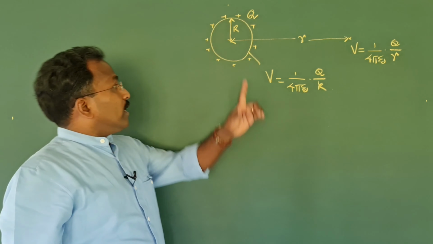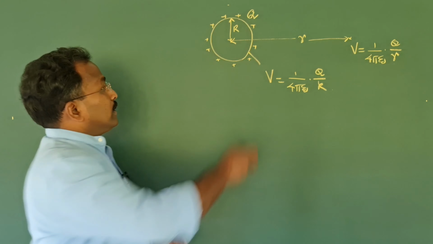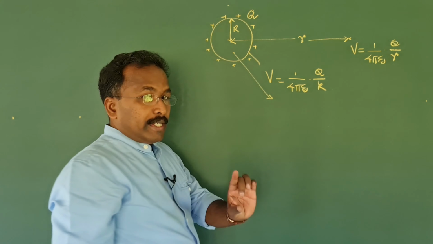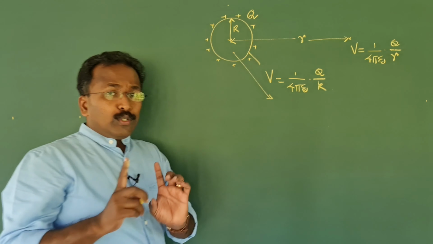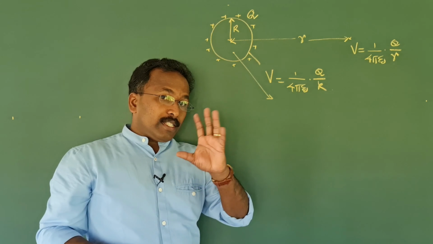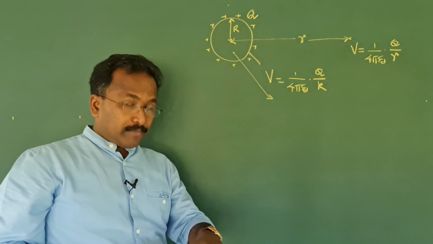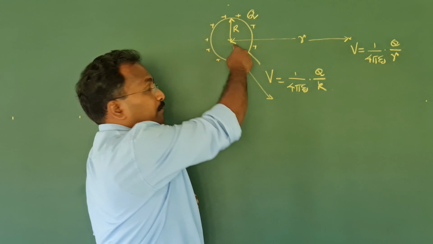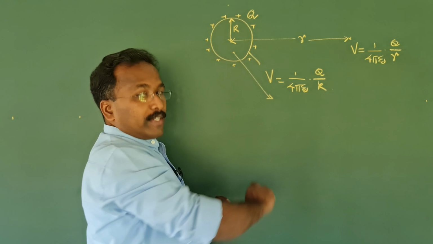Now listen, now we are going to the inside points. Just imagine this point. If you take the inside point, you know one thing, that there is no electric field inside. See the logic. There is no electric field inside. There is potential on the surface.